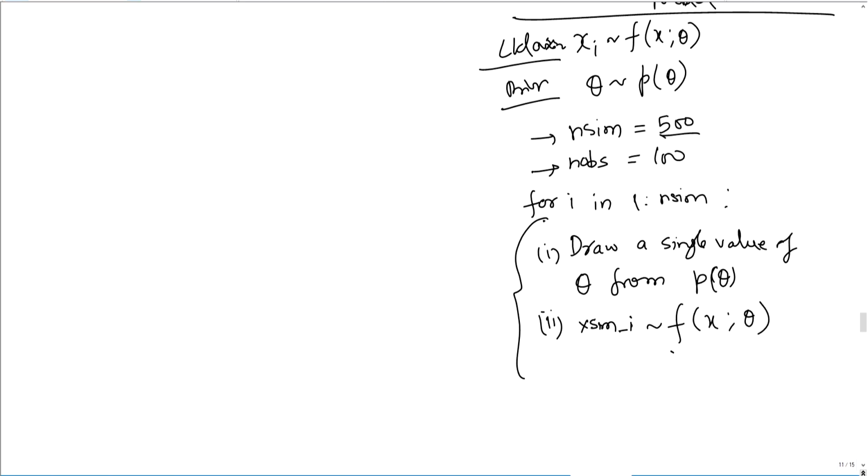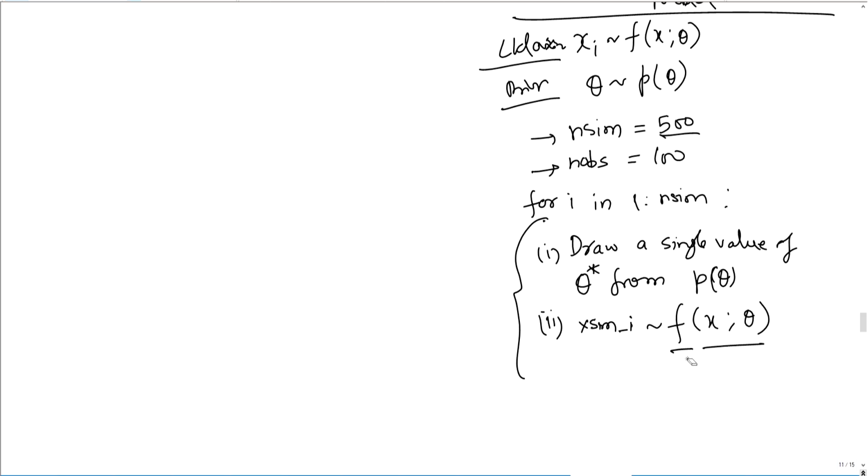For example, if your likelihood assumption is normal, then you can just use rnorm, and theta is given. Let us say the point value is theta star. So, you can use theta equals theta star and generate from rnorm, which is your likelihood assumption, right.